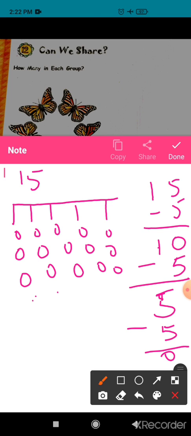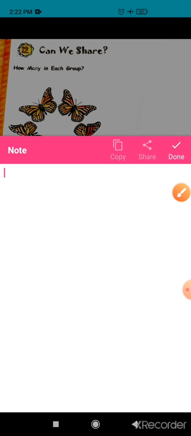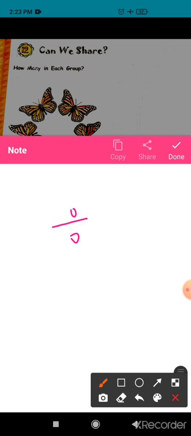Here, children, we are distributing the chocolates, so we use the division sign. 15 chocolates you had, and you have distributed these chocolates among your 5 friends.